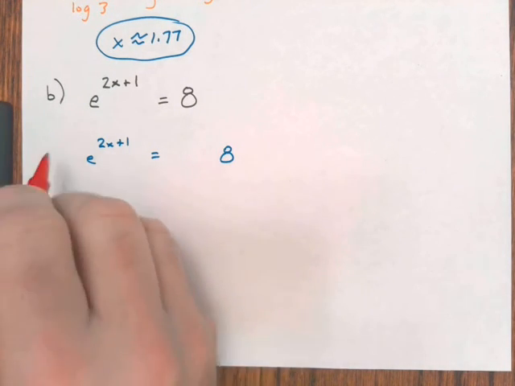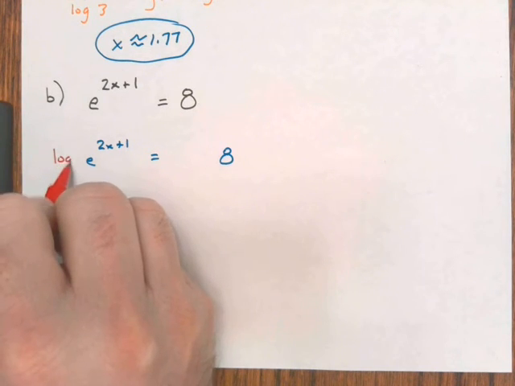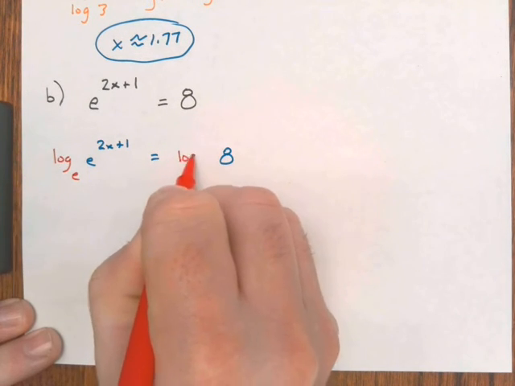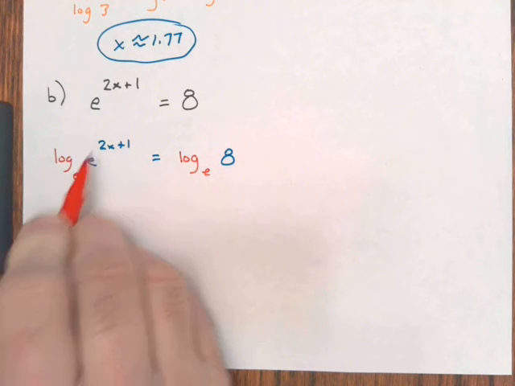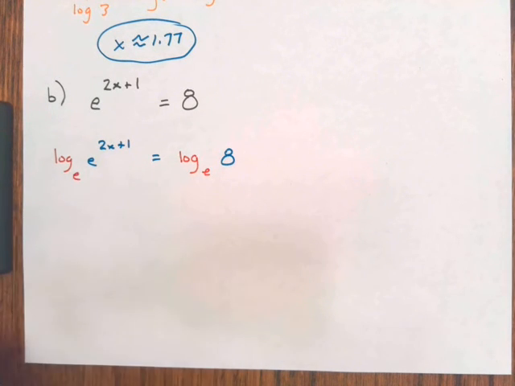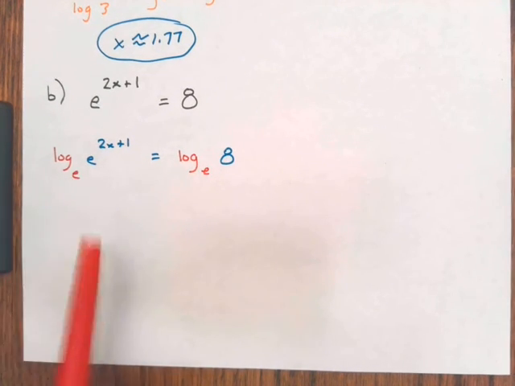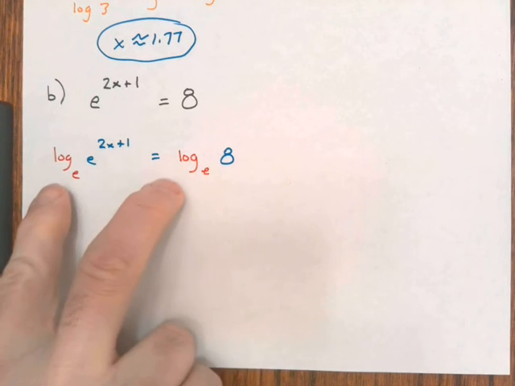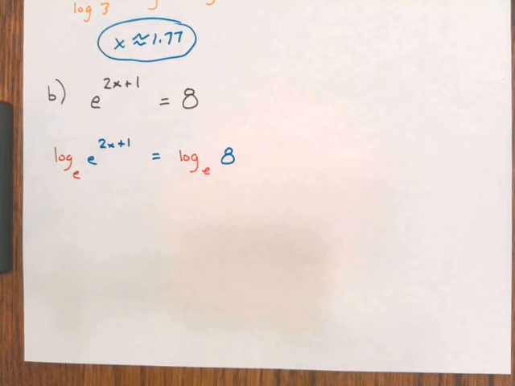I am going to write this as log base e on both sides right now, just to emphasize that the base of the log and the base of our exponent match and give us a visual on that. But remember what log base e is. It's really natural log. So if you want, you could just do natural log on both sides.